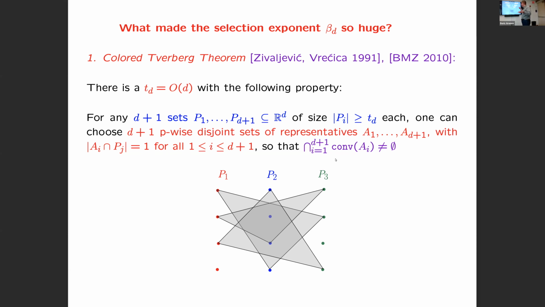So basically, d plus 1 simplices involving one vertex from each of these sets, with the property that they will all have a non-empty intersection.